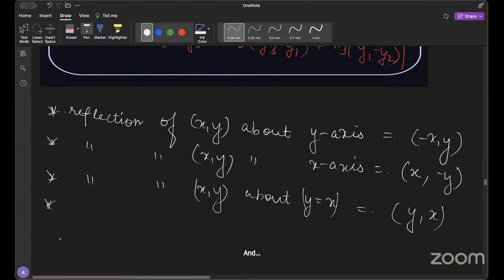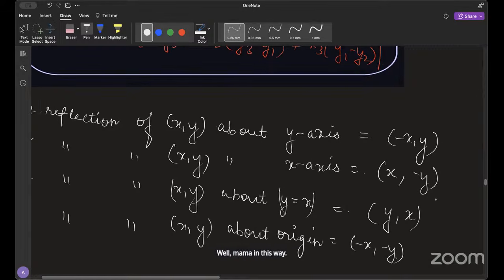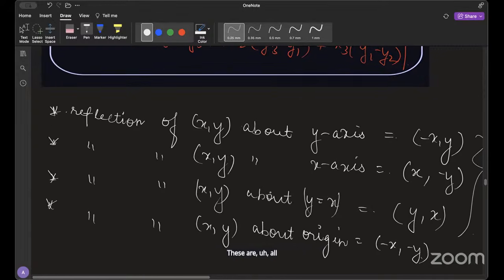And finally, the reflection of (x, y) about the origin, that is minus x comma minus y. These are all the types of reflections that you need to know.